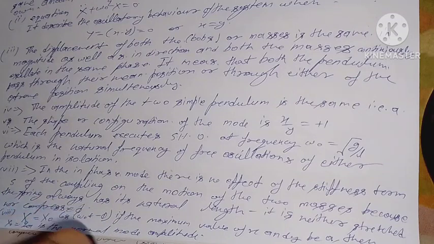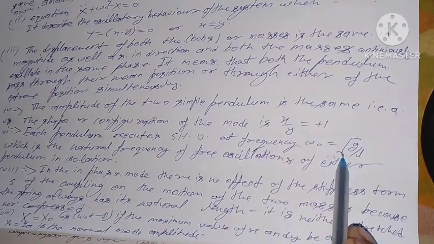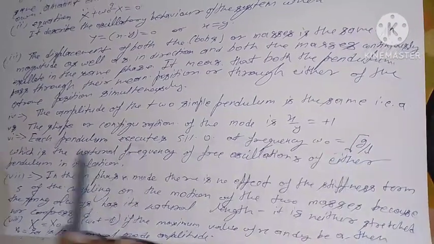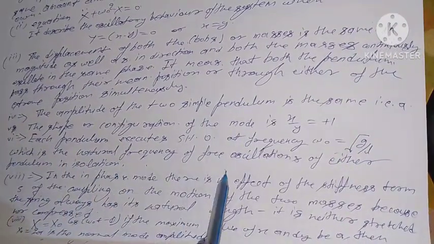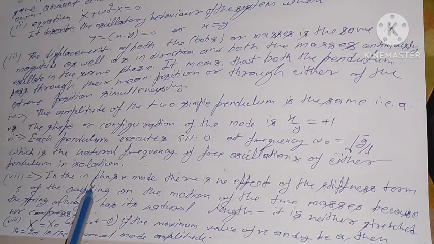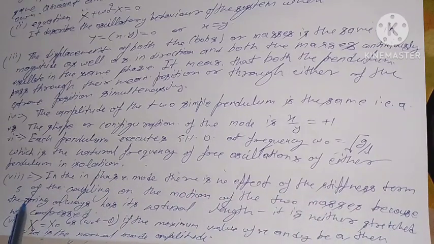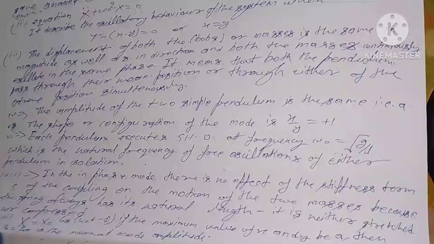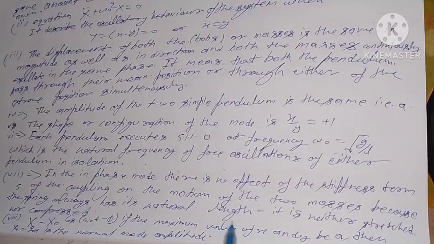The shape or configuration of the mode is x upon y equal to plus 1. Each pendulum executes simple harmonic oscillation of frequency omega naught equal to root g by L, which is the natural frequency of the free oscillations of either pendulum in isolation. In the in-phase mode, there is no effect of the stiffness term of the coupling on the motion of the two masses, because the spring always has its natural length.